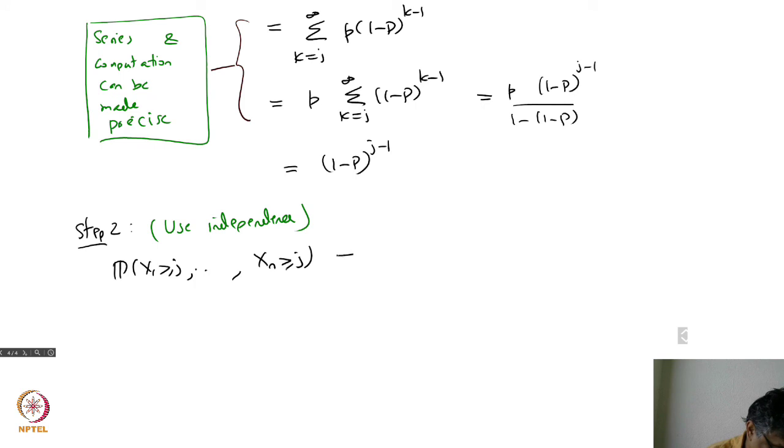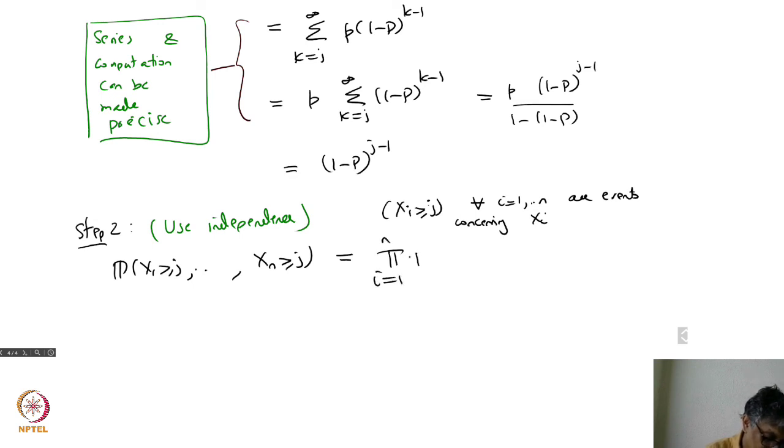You observe that each of these events, xi bigger than or equal to j for all i equal to 1 to n, is an event concerning xi only. So by independence, this is the same as the product from i equal to 1 to n of the chance that xi is bigger than or equal to j.